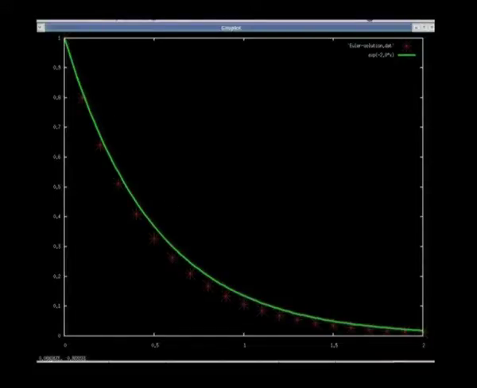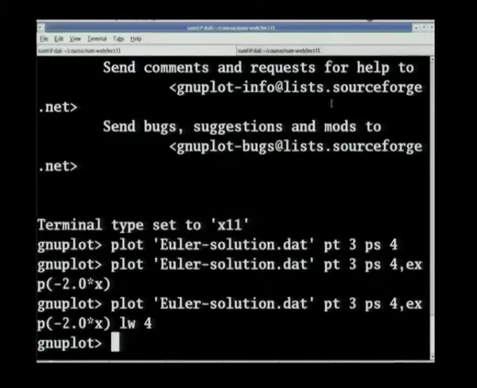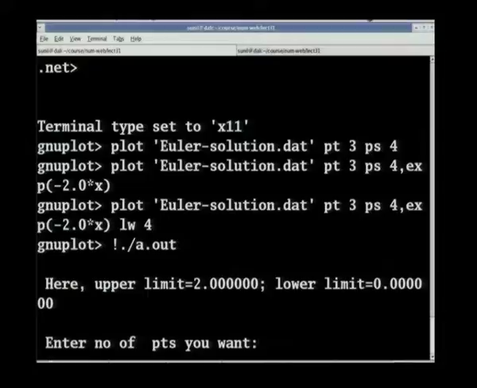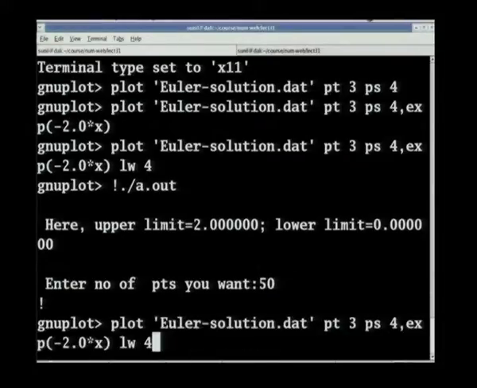So, we have used 20 points to evaluate this integral, and you can see that we are not quite onto the line. We are off here by this point. So, let us see how many points we would require to get to that actual value. We can run this program again, now with 50 points in between, and then go back and plot that again.